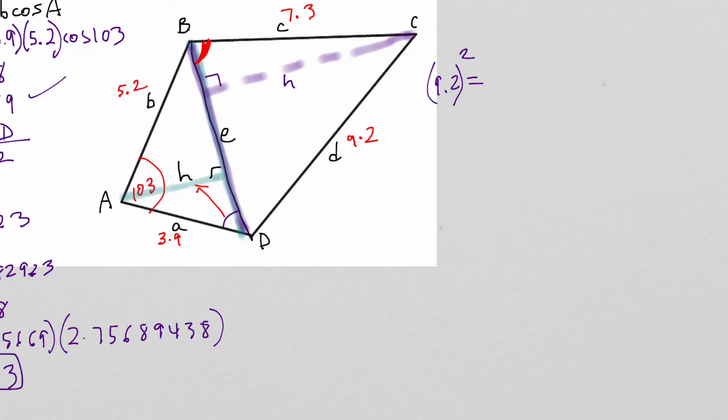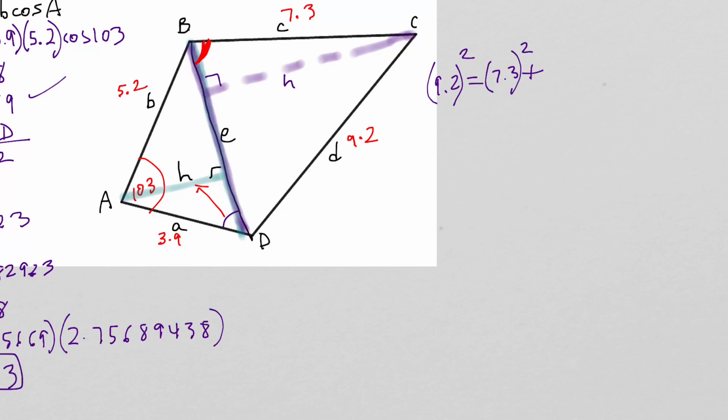Then I need the sides on either side of the included angle, so that would be 7.3 squared. And then E is the other side, on the other side of that included angle here. So I need that side next.